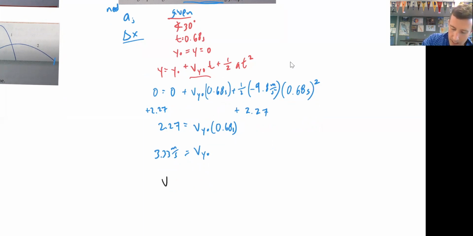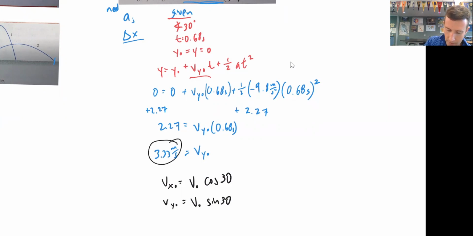I know that v sub x 0 is equal to v sub 0 cosine of 30, and v sub y 0 is equal to v sub 0 sine 30. I found v sub y 0 there.